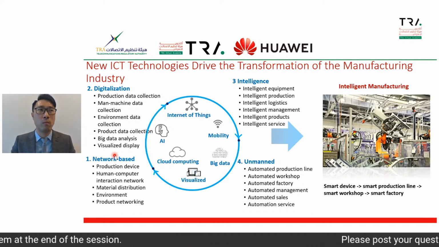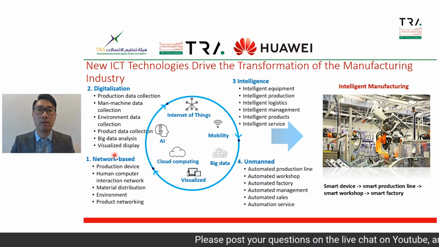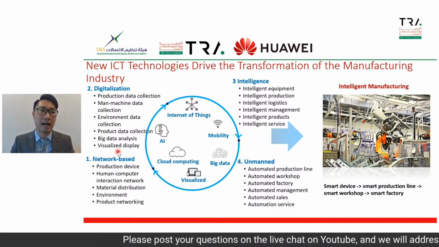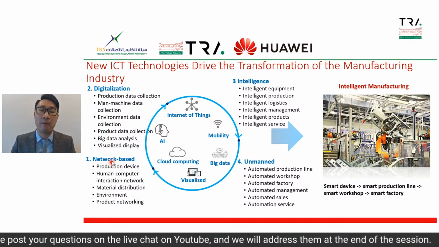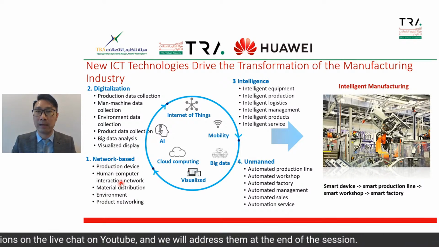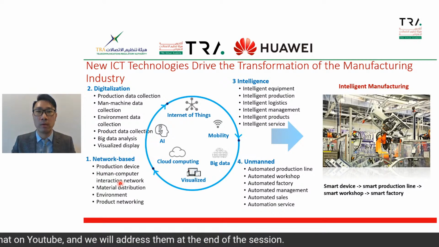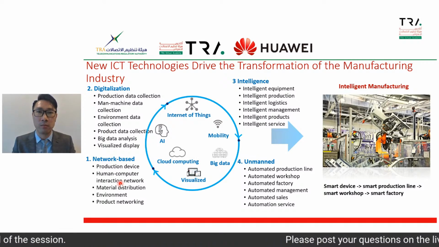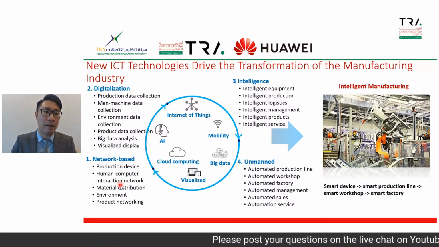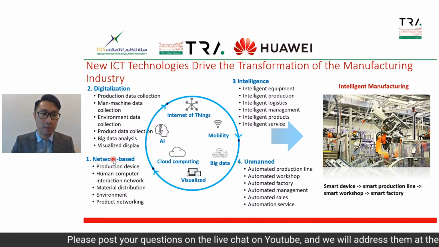You need to monitor all the status, all the faults, and what is the current output efficiency for that equipment. And once you connect it to the network, the engineer will be able to monitor it in the digital world. So the first step: network, connect the equipment to the network.